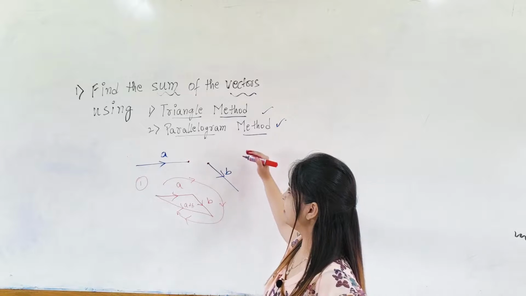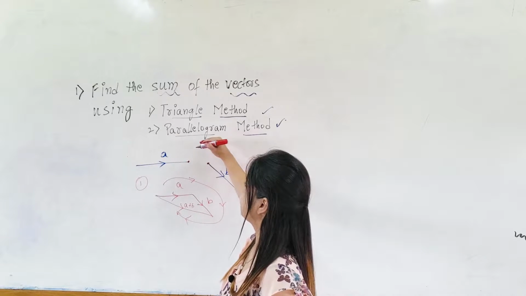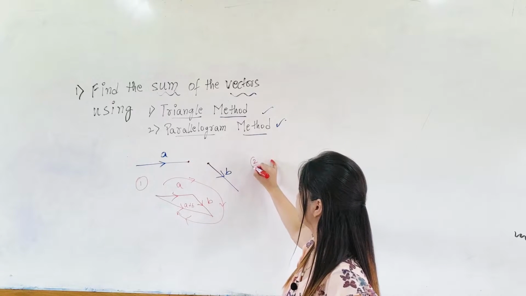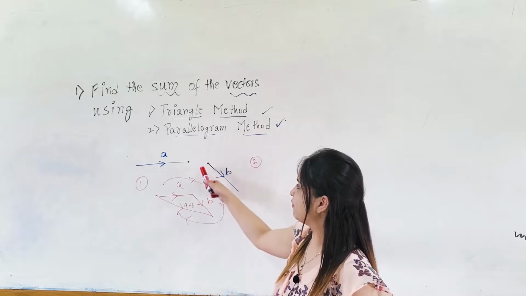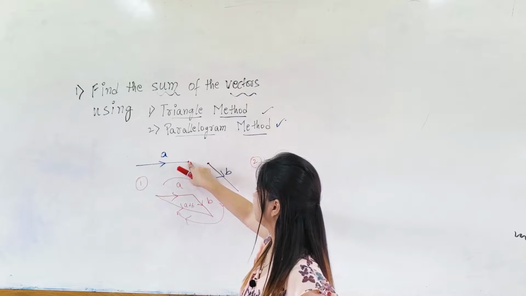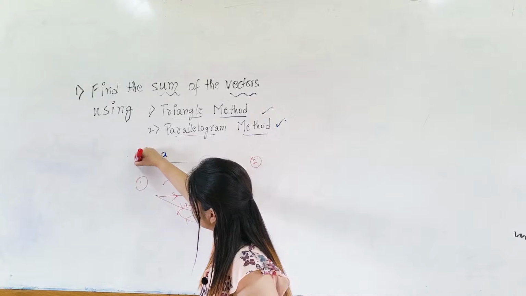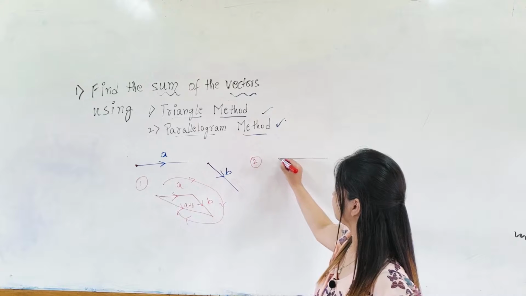Now, I will find the answer to the same question using parallelogram method. Okay, if I want to use parallelogram method, I will join this end of B to this end of A. Let's see.